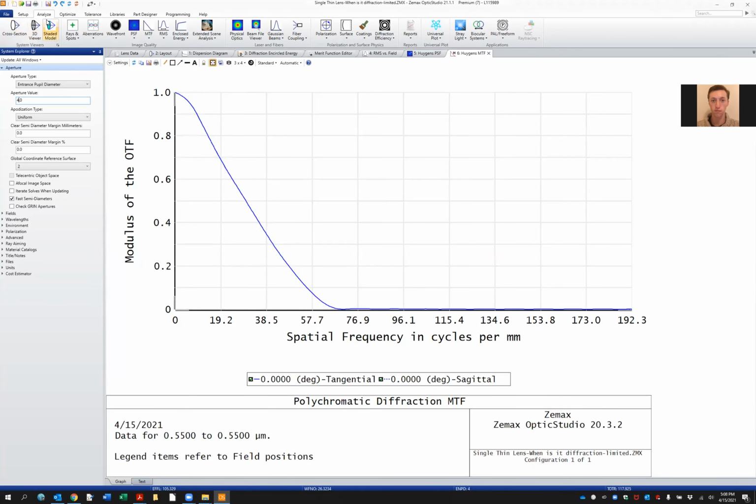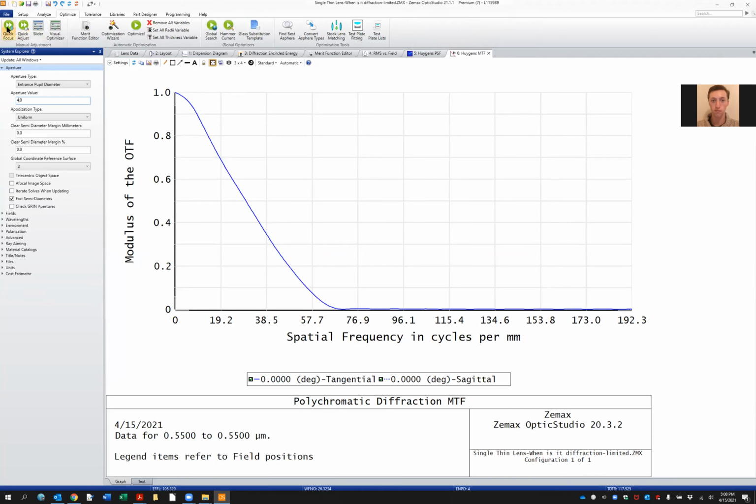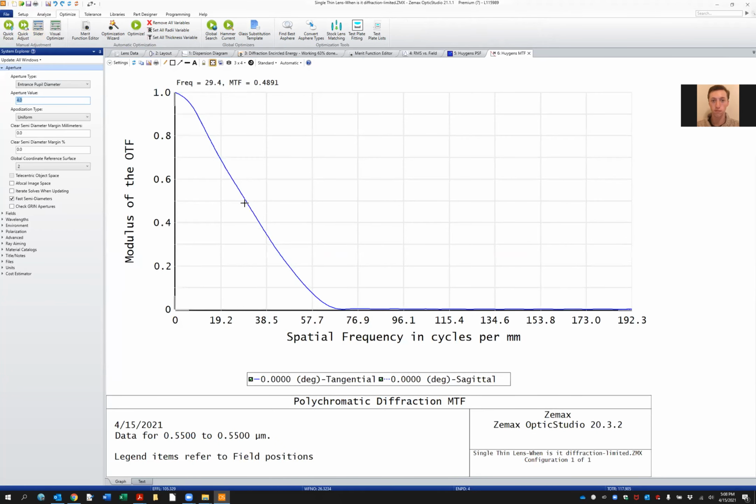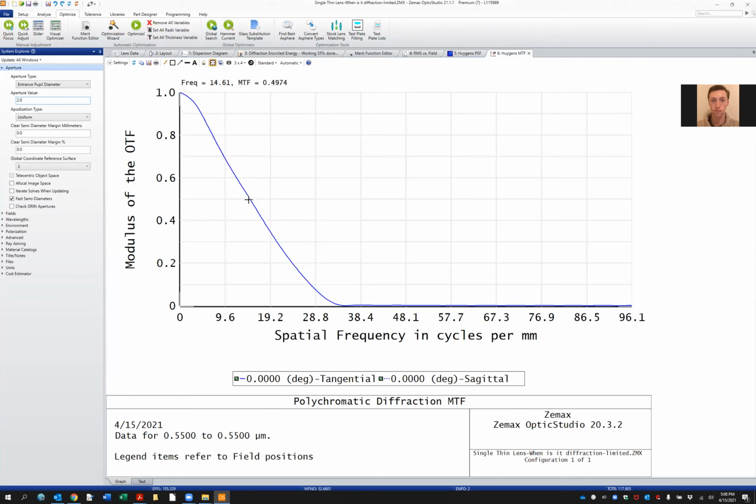If we double the aperture, then that cutoff frequency, now should we do a quick focus? Yeah. Now it's at like 30, whereas before it was at about 15.